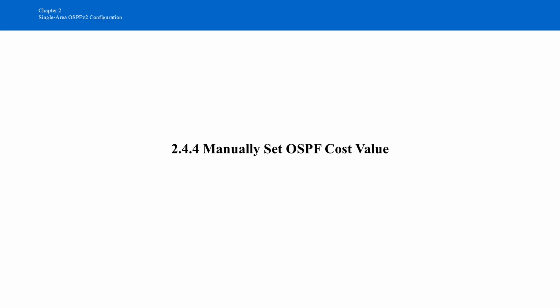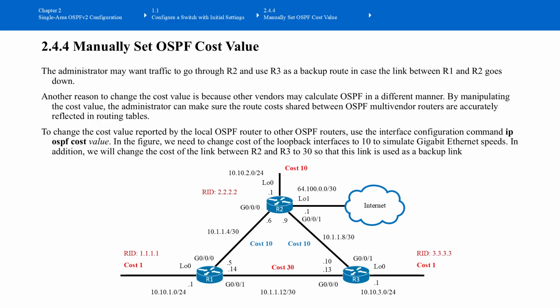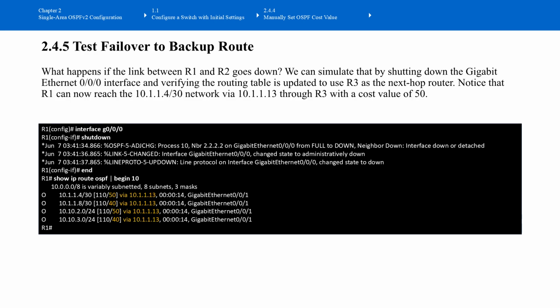2.4.4 Manually set OSPF cost value. We can manually change OSPF cost to influence which path OSPF chooses. In this example, R1 has two equal cost paths to reach 10.1.1.8/30.